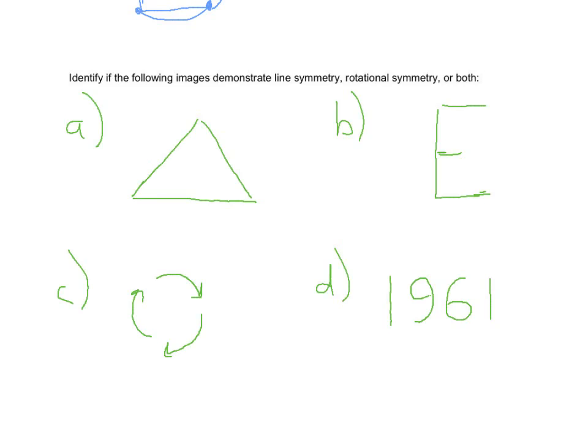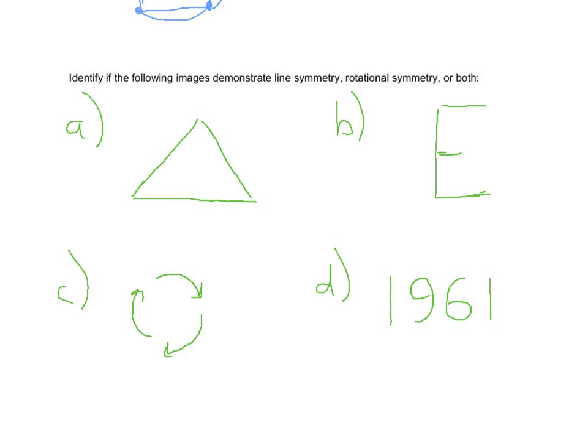These are 4 drawings that I would like you to determine if they have line symmetry, rotational symmetry, or both. A would be a triangle, and you have to pardon my drawing, it might not be exact, but a nice equilateral triangle where all of the sides are equal length and the angles are equal size.